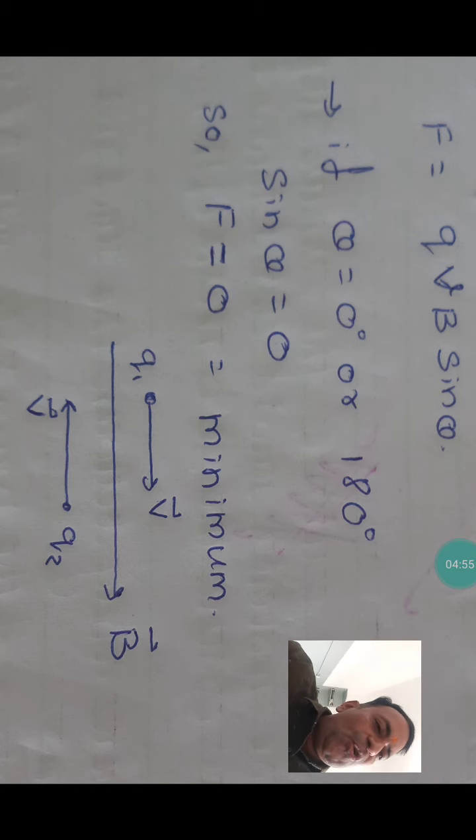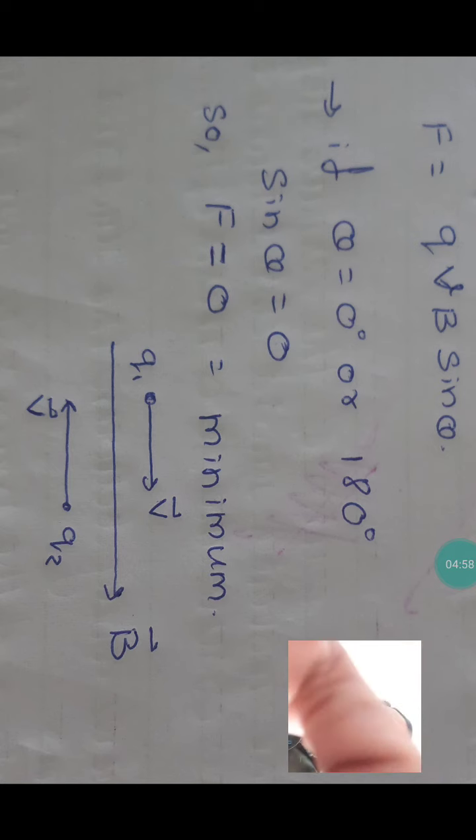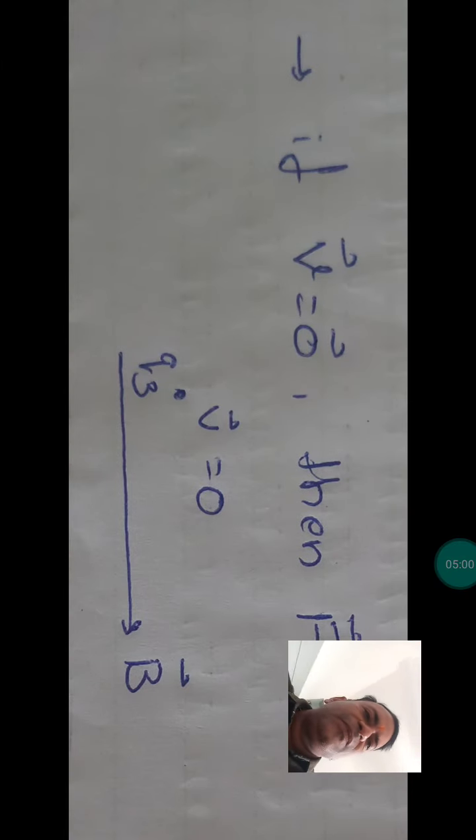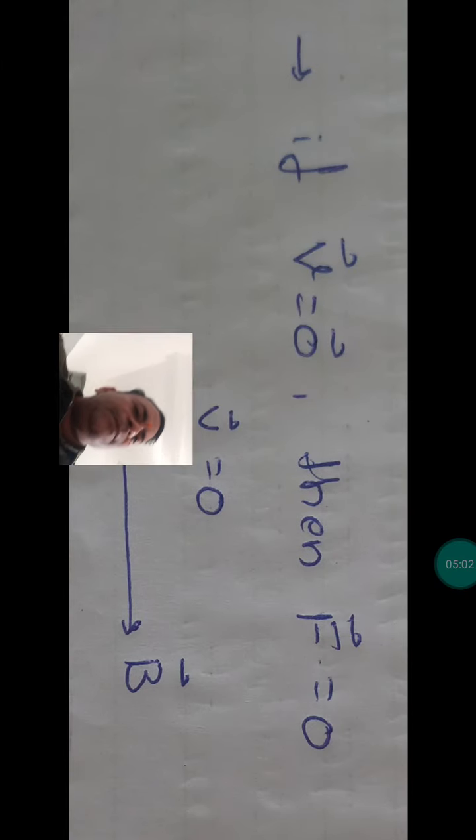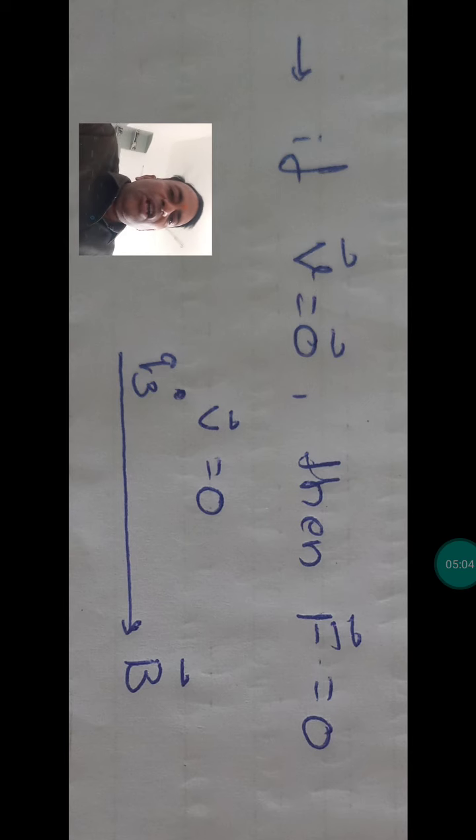Okay, now let us go for one more example. If the velocity of the particle is 0, that means the charged particle is at rest. In the diagram, take a look at Q3. What is Q3? It is a point charge. What is the velocity of that point charge? The velocity is 0. The charged particle is at rest.